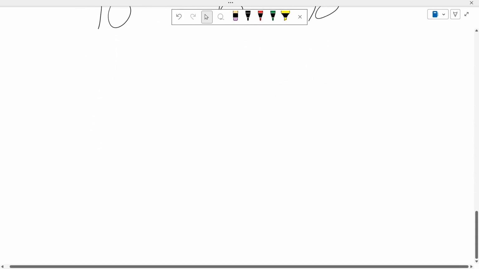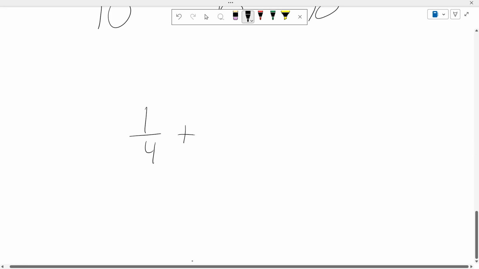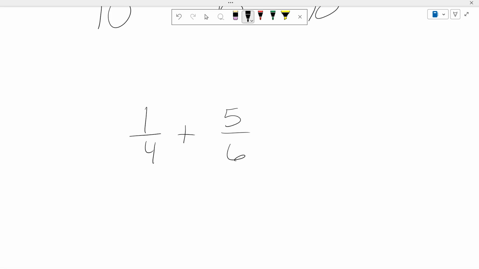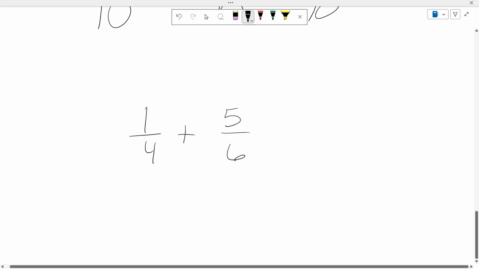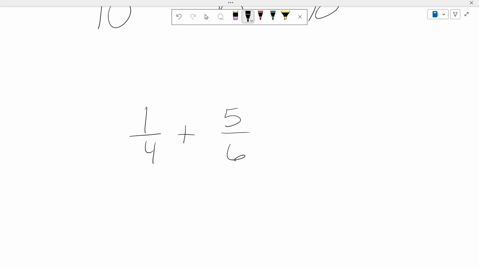Let's do another one. One-fourth plus 5/6. And then once you get your answer, make sure you reduce it.